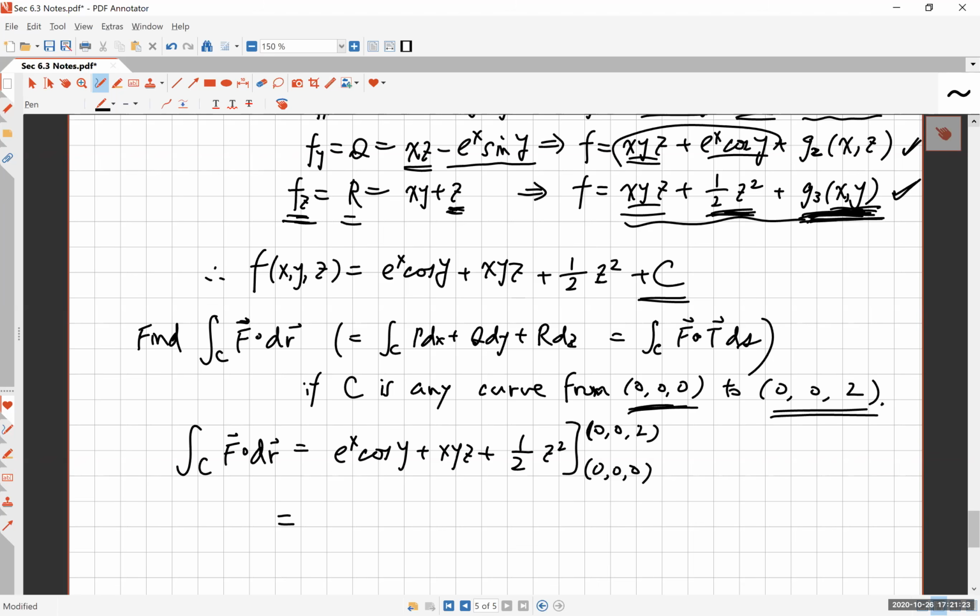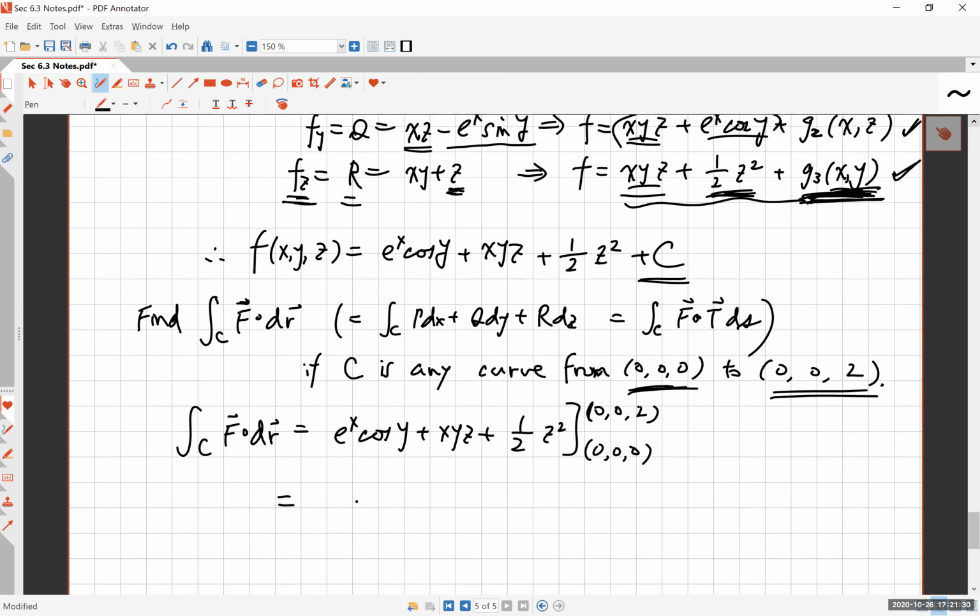Okay, let's try to evaluate this at 0, 0, 2. This will be, well, oh, that's not 0, is it? Because this will be e to the 0th. Maybe I should write this down. e to the 0th cosine of 0 plus 0 times 0 times 2 plus 1/2 2 squared. That is the first part. Second part is e to the 0th cosine of 0 plus 0, 0, 0 plus 1/2 0 squared.